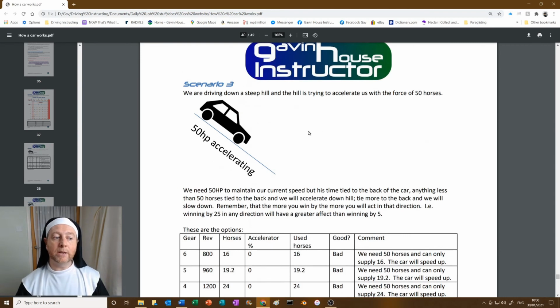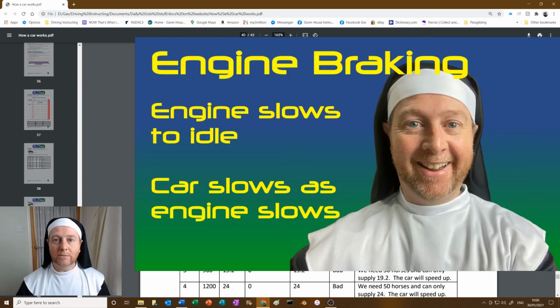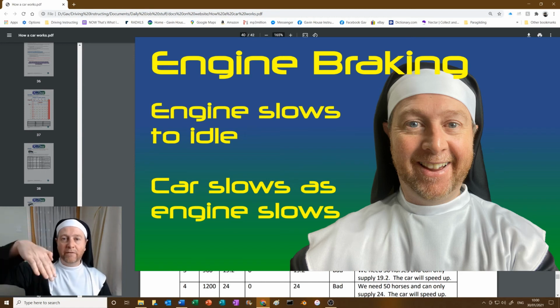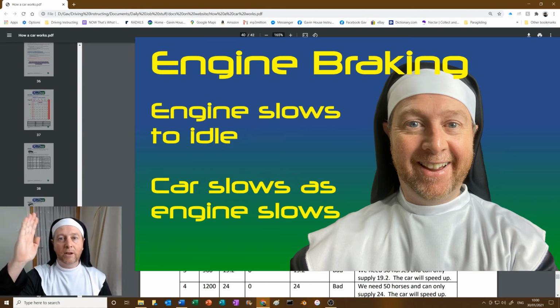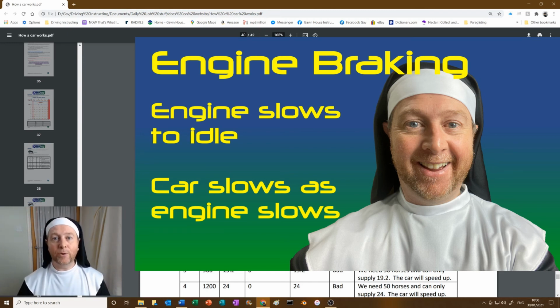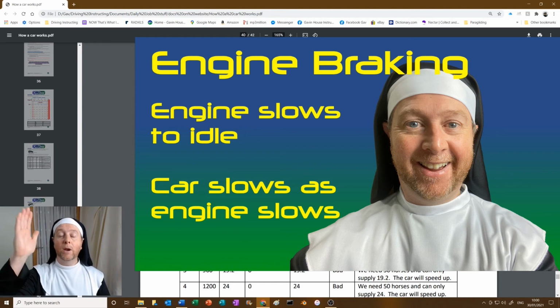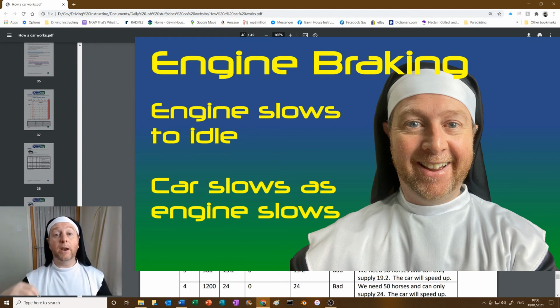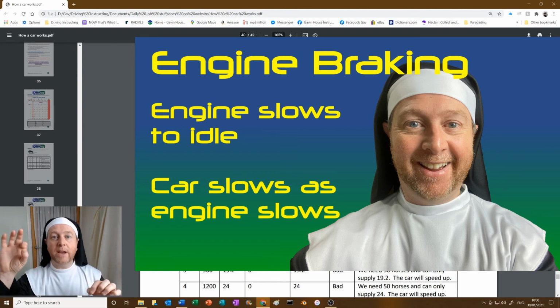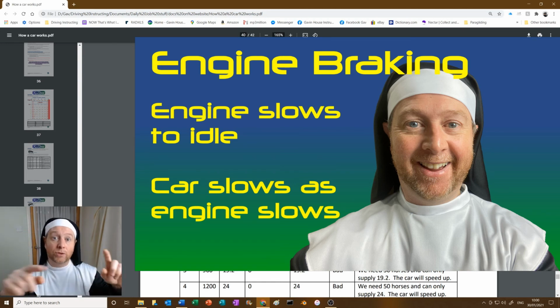The same thing applies when you're going downhill. It's known as engine braking. When you take your foot off the accelerator, the revs are set at whatever rev you supplied, but they will try to drop back down to 800 RPM where Jeeves takes over. That is the engine slowing, and a byproduct of the engine slowing is that if it is connected to the car, it also tries to slow the car.